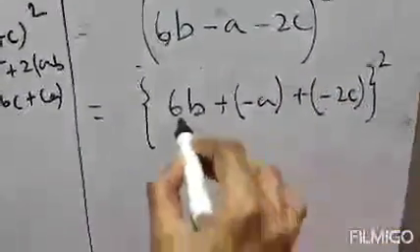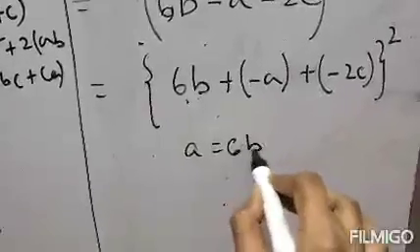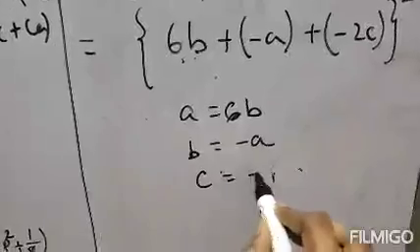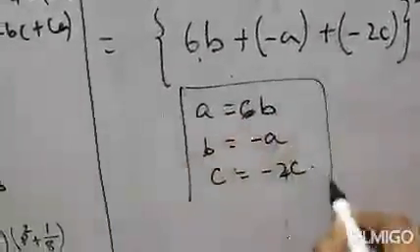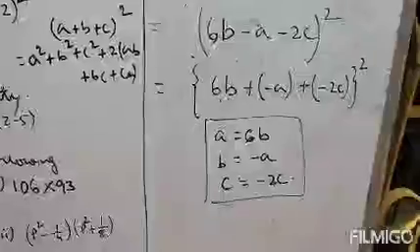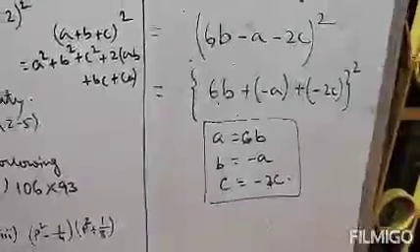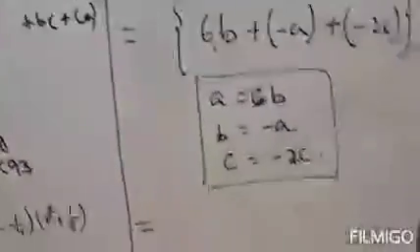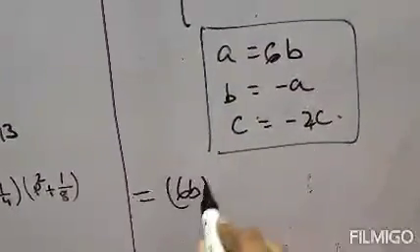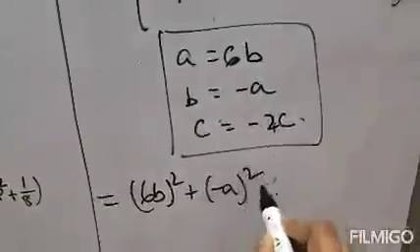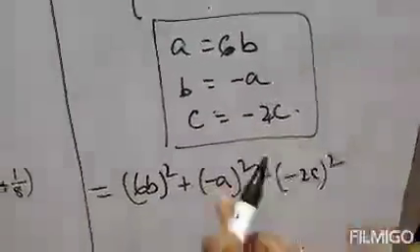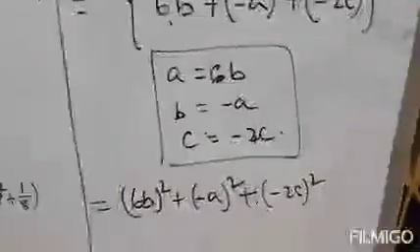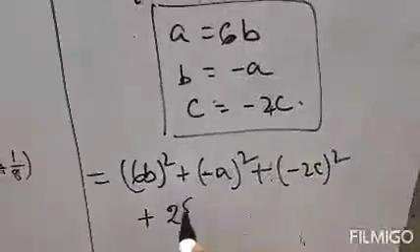Now this is your a, so a is here. Clear? B is this, and c is your minus 2c. Clear? A is your 6b, b is your minus a, and c is your minus 2c. Clear? Now put it in the formula. So the formula says a square plus b square plus c square plus 2ab.